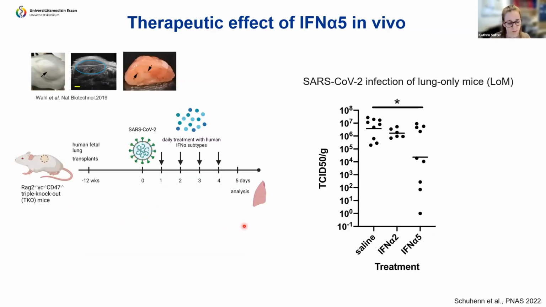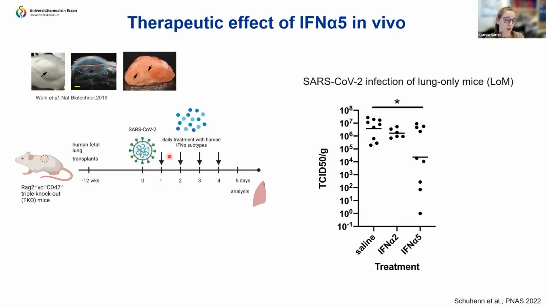And just this is my final slide. And then again, we go in a mouse model, in a humanized mouse model, but these mice only have human fetal lung transplants, which were here. So they were transplanted, and then after 12 weeks, you can infect this human lung transplant, and this is shown here with SARS-CoV-2, and we treated those mice with the interferons to really see if the effects which we saw in vitro, would they also work in vivo.